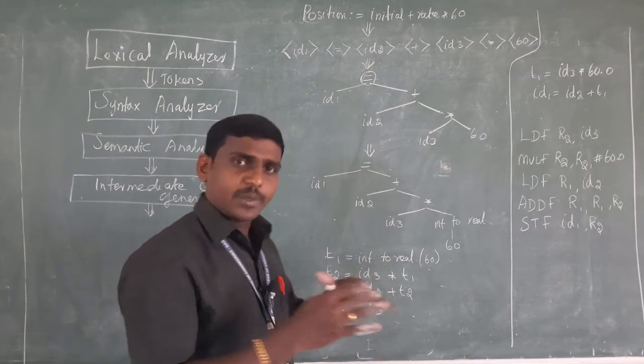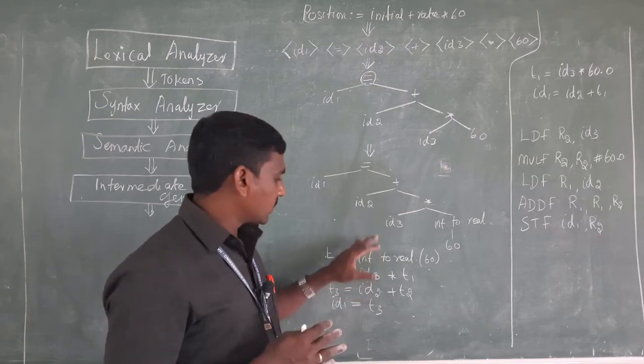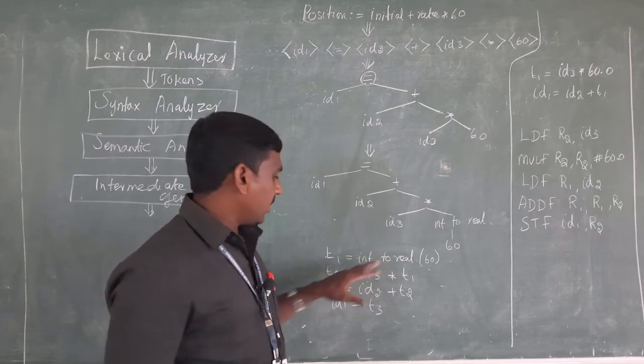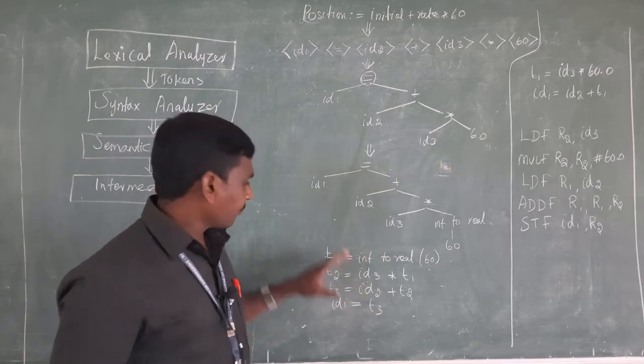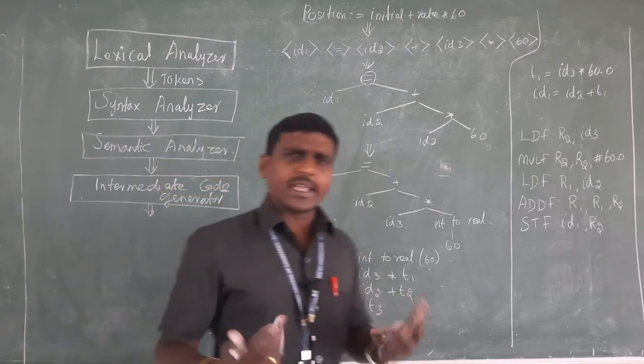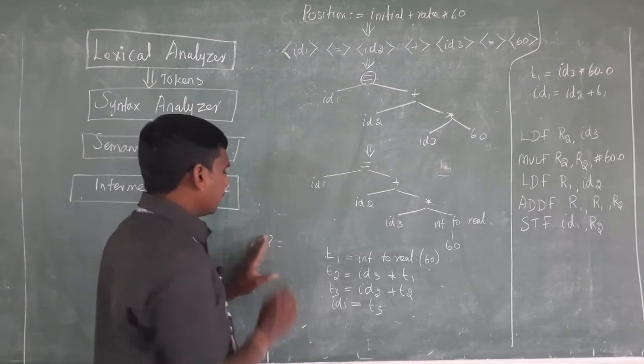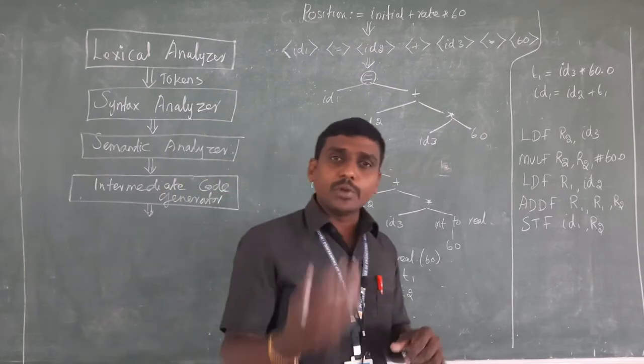This operation is performed internally. We cannot understand some intermediate codes because they may contain symbols like equals and question marks, but the computer can understand.